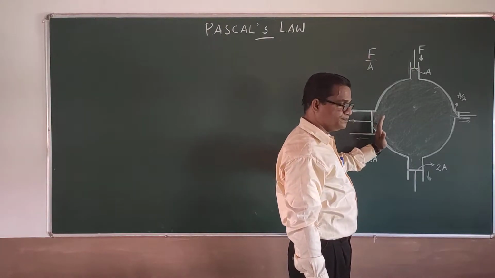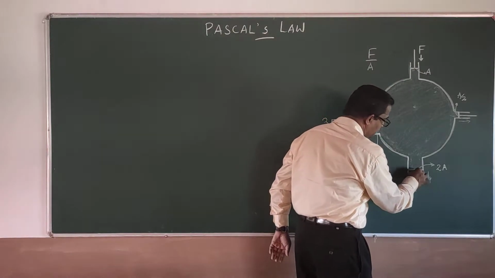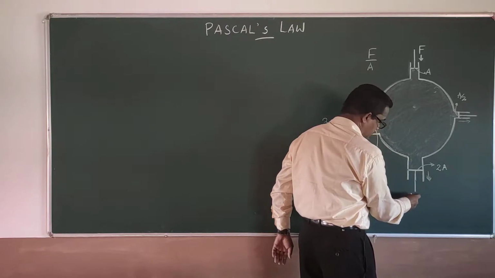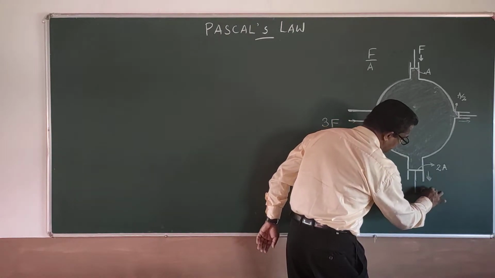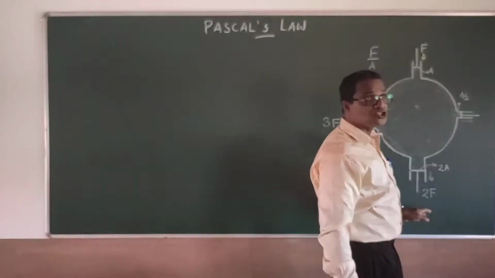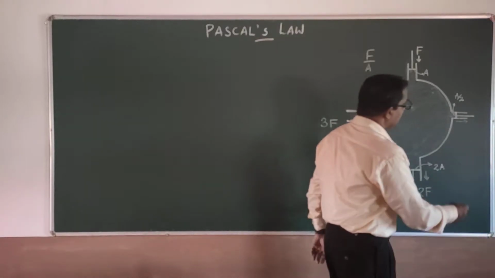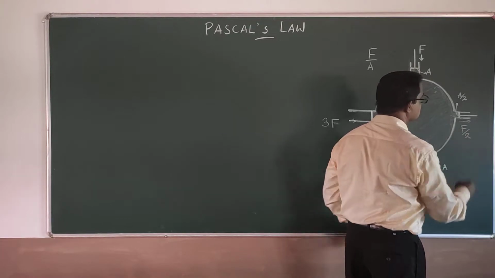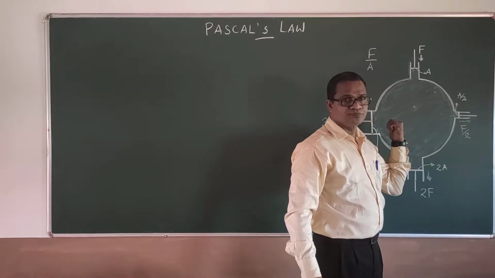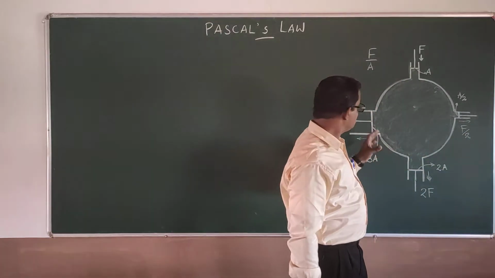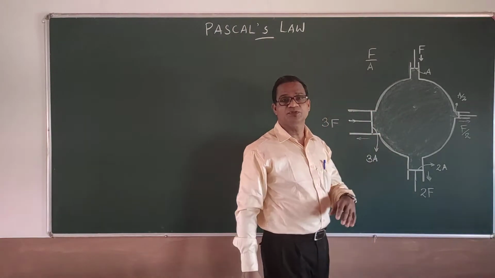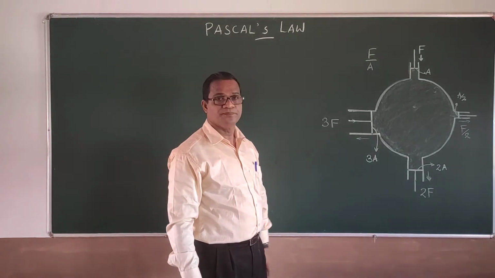Like that, if I want to move this piston back to its initial position, it is found that it requires 2F. And here it is found that F by 2 is required. So by measuring the force required to push these pistons back to their original positions, we found these things.